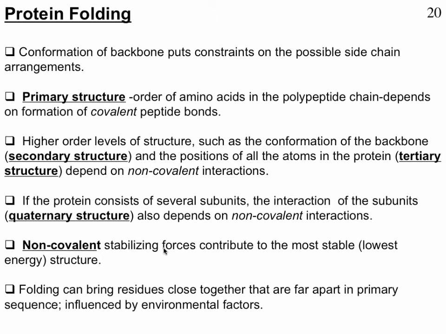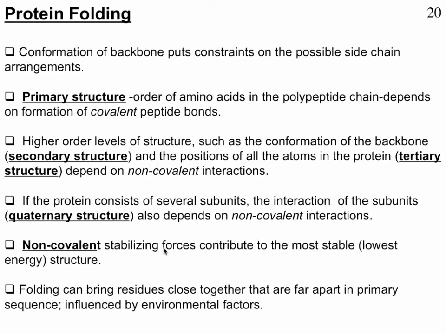So, protein folding. We have all of these different structures that come together to give the protein its final fold. The conformation of the backbone is going to put constraints on the possible side chain arrangements. The primary structure, the order of amino acids in the polypeptide chain, depends on the formation of covalent bonds. As we get to the higher levels of structure, such as the conformation of the backbone in the secondary structure, and then the positions of the atoms in the protein in the tertiary structure, this depends on the non-covalent interactions that drive the formation of secondary and tertiary structure.